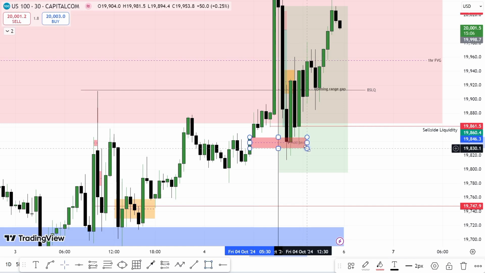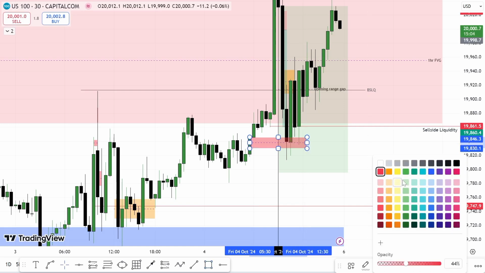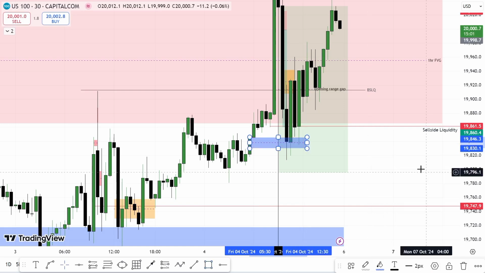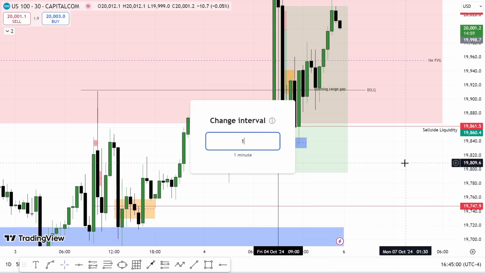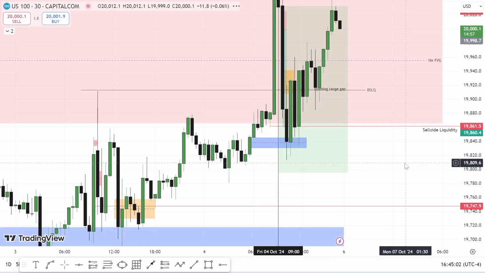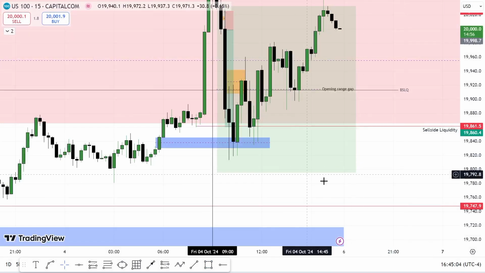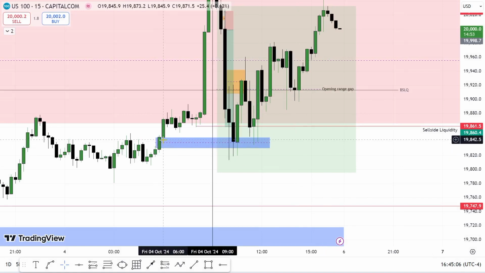Then 15 minutes time frame, you see how it overlaps the 15 minutes bullish fair value gaps too.